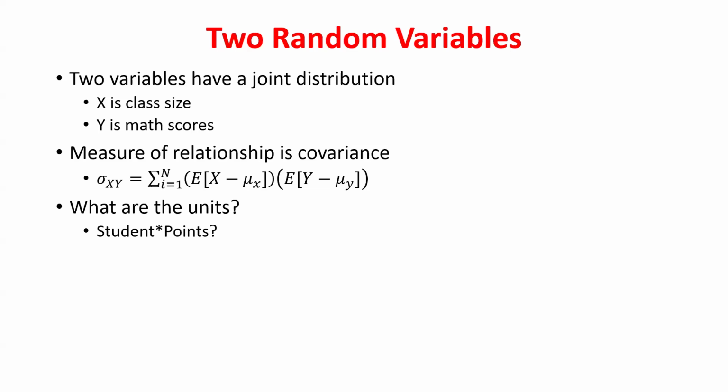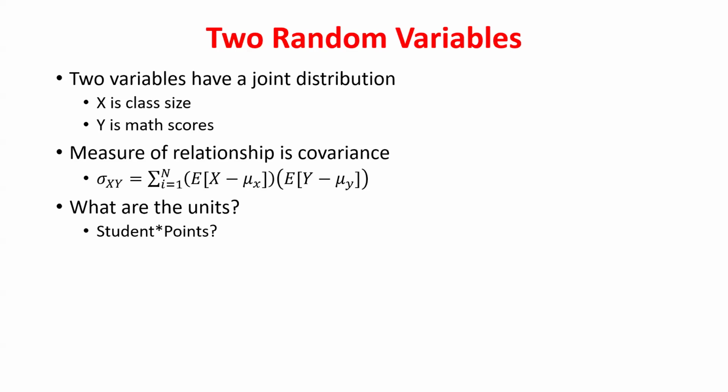So that would be evidence that I've got a positive correlation, or a positive covariance, I should say, between these two variables. If I see that it's negative, it must have been that there were more students like this, where these two variables tended to be on opposite sides of their means, which meant that when X was high, Y tended to be lower, or that there was a negative relationship between these two variables, okay?